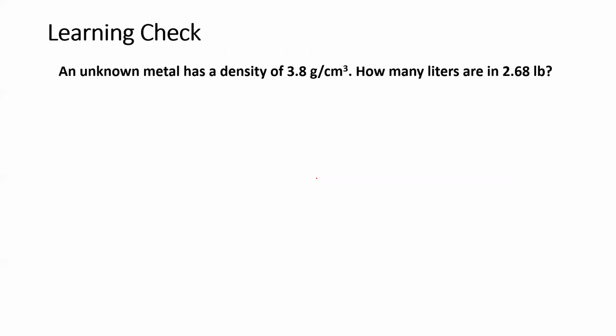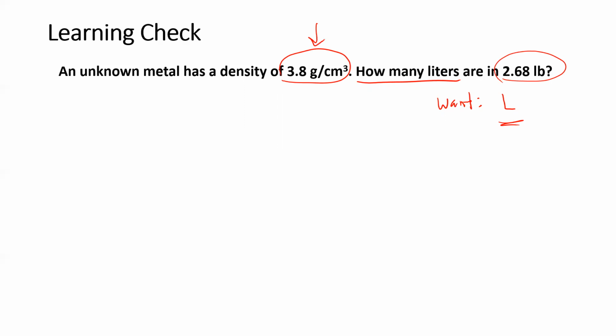So if I follow my 5 basic rules that we've discussed, what do I want? That's the first thing. I want liters. What am I given? Now, people might get confused. I'm given 3.8 grams per centimeter cubed, and I'm given 2.68 pounds. Liters is not a conversion factor. It is not a ratio. If I don't end with a ratio, I don't start with a ratio.